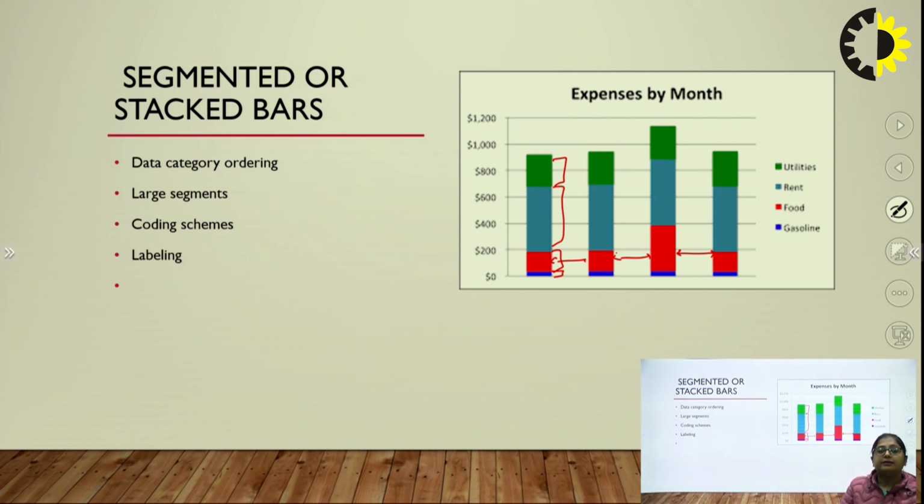That means this is a segmented or stacked bar. Stacked means one upon the other. The segmented graph shows within a bar how much data is used here. Each color represents a different category or different data within a stack.